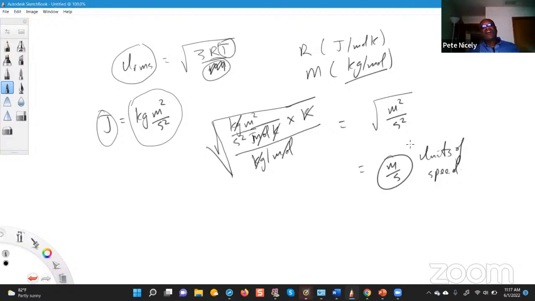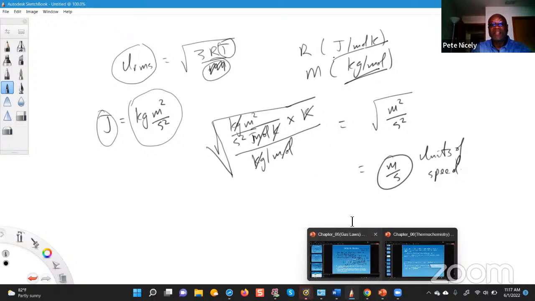So that's basically how we determine the units of speed based on the appropriate units for R, which is joules per mole Kelvin, and for molar mass, which is kilograms per mole. So I just thought it was important that I show you this so you know the reason why the R value must be expressed in joules per mole Kelvin and the molar mass must be expressed in kilograms per mole.